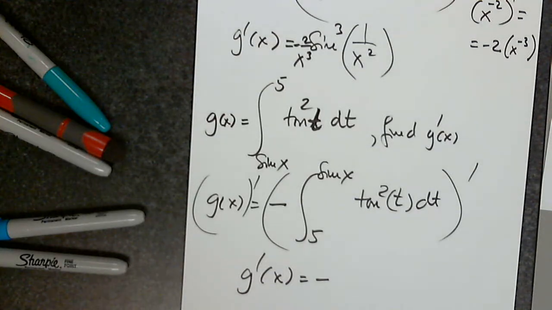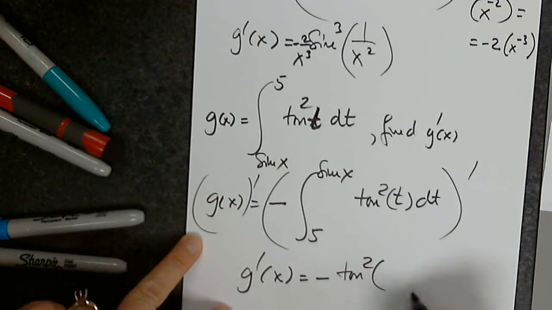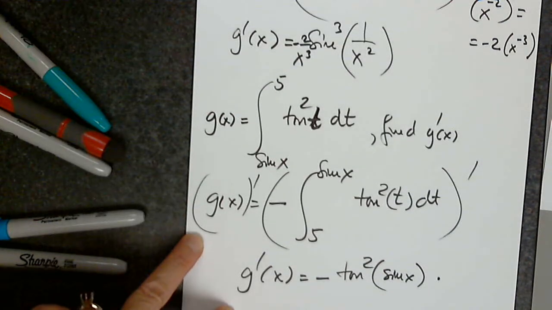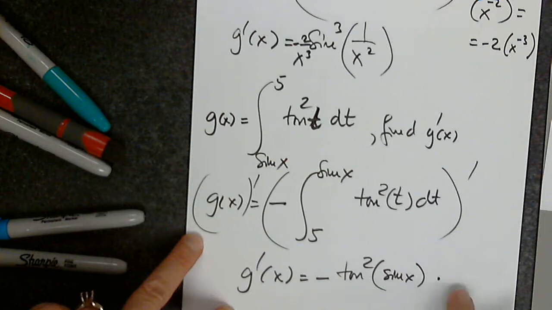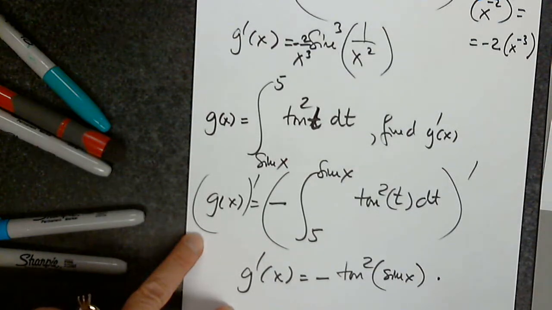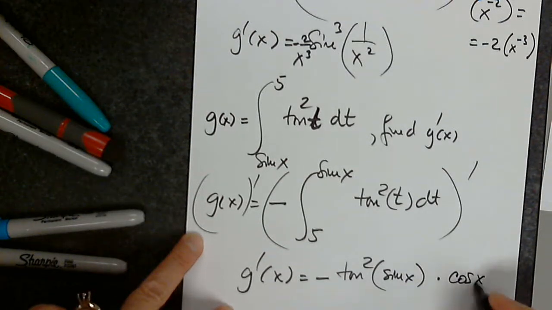Remember, when we differentiate the integral, we just get the function. Tan squared sine x, times the inner function prime. If this were x, I would not have to write anything else.